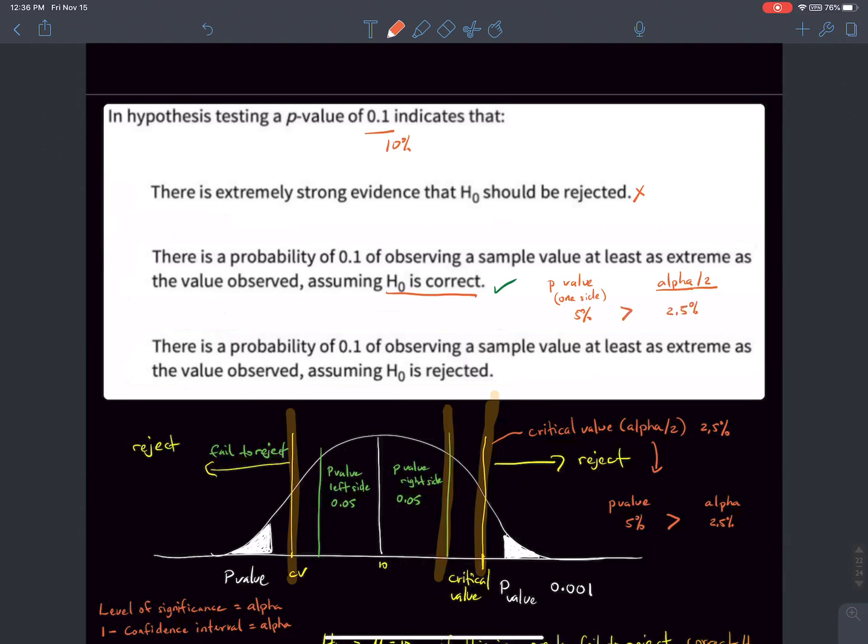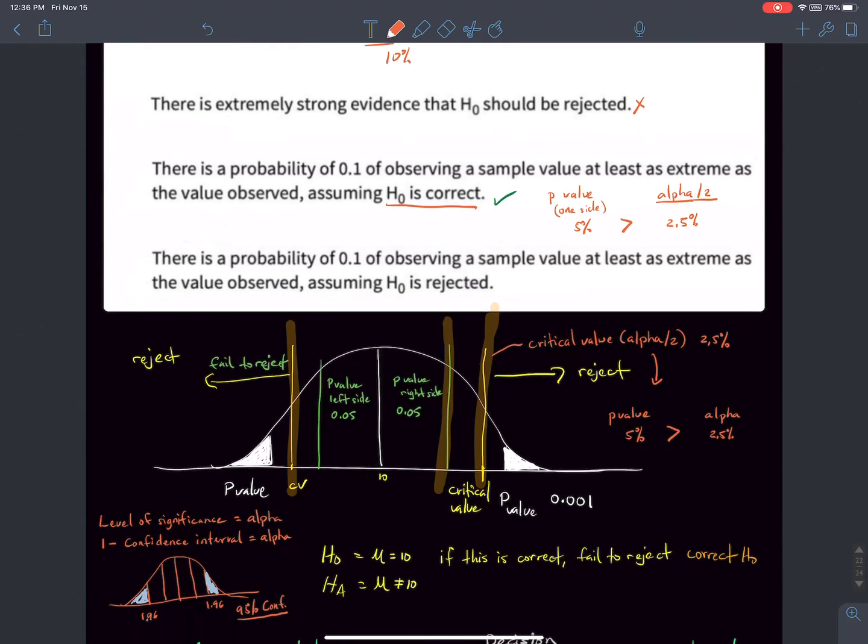And this one is higher. If the p-value is higher than the alpha, then accept the null hypothesis, or fail to reject.